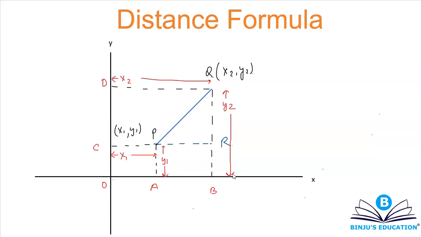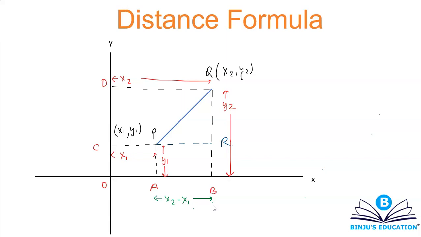First of all, all lines are straight lines apart from PQ, which is at an angle. Apart from that, all lines are straight, whether horizontal or vertical. So DQ is x2, CP is x1. So I can say that AB will be x2 minus x1.